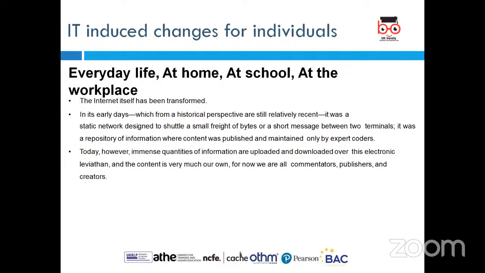But nowadays, the internet can process at a quantum level, so it can process a high level of data and information, and this is how over time the internet has evolved.